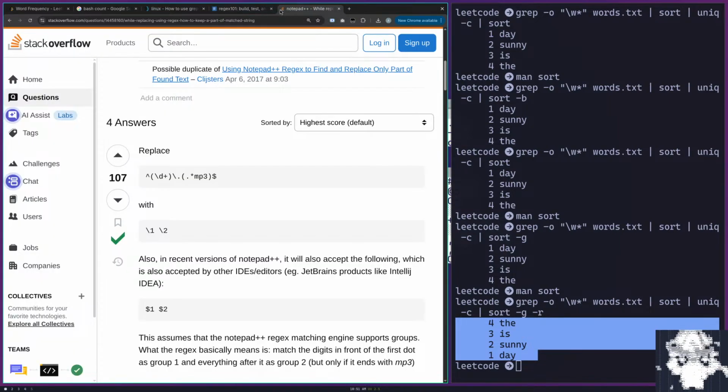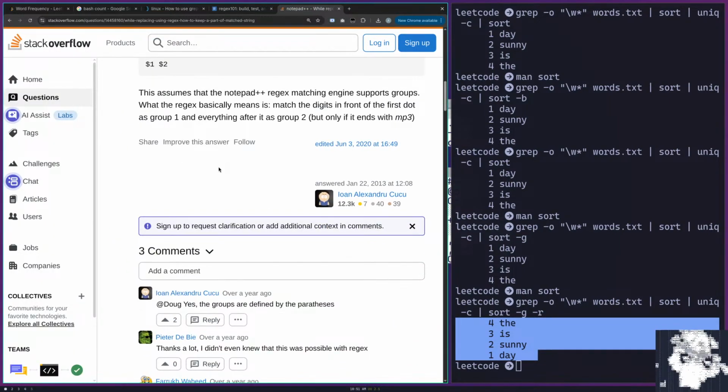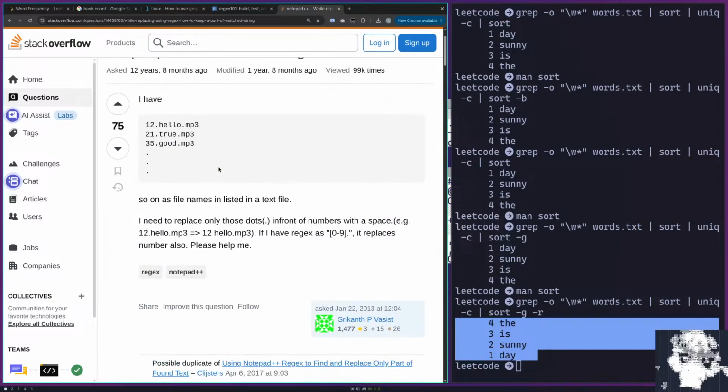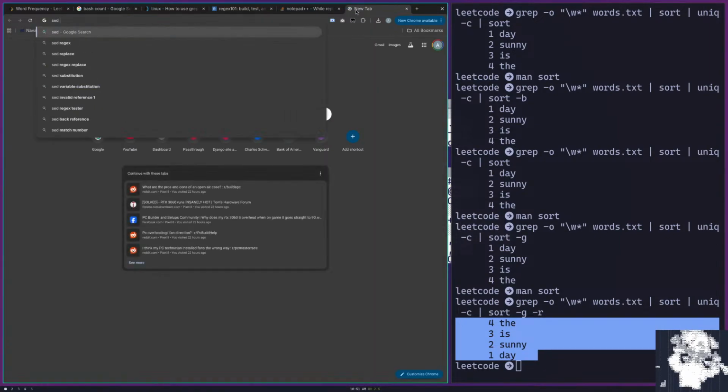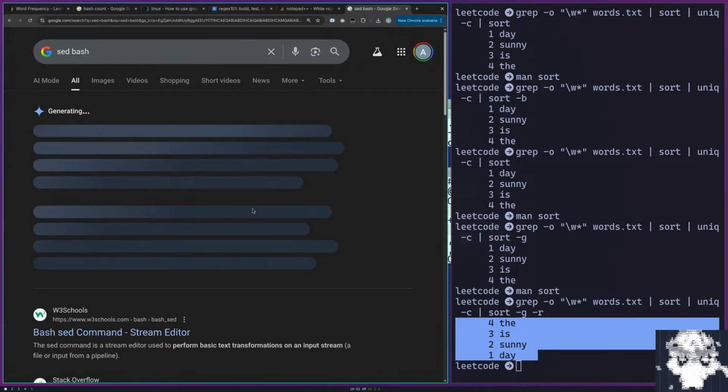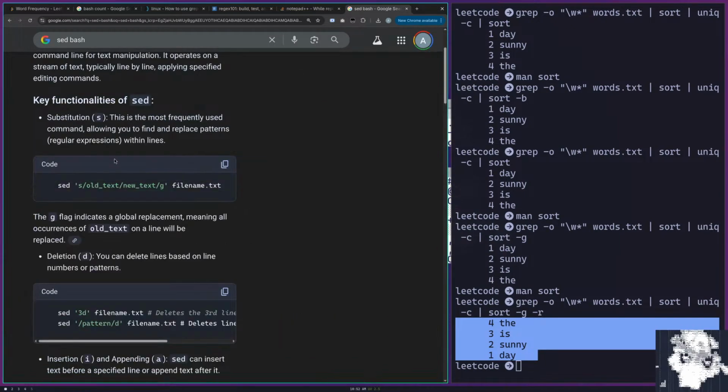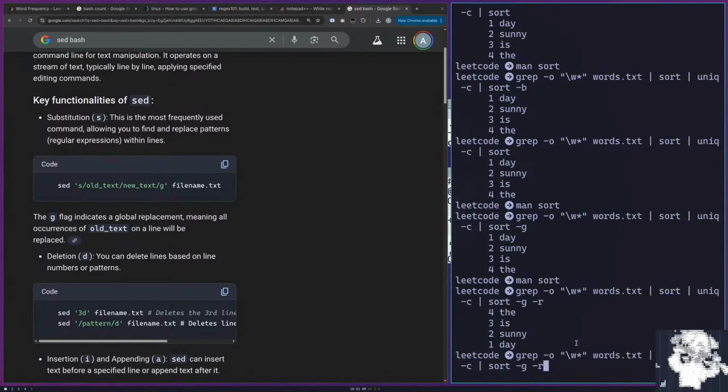Right, how do I just use sed? Let's just try it, because I'm having trouble figuring this out.